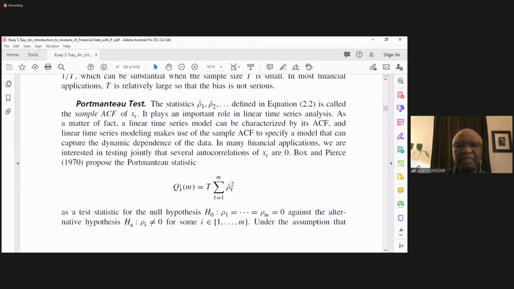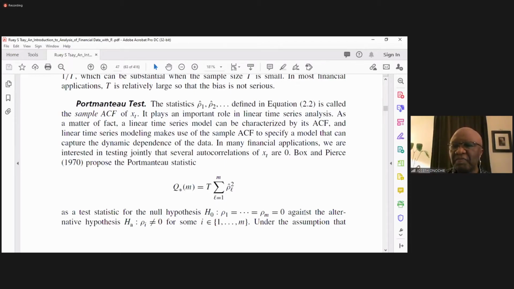He told us that if all the autocorrelations are jointly 0, this is the test statistic you use. Remember, when you do a test in statistics, you can use the T or the Z, or many types of statistics. To test this, you use this statistic, given to us by Box and Pierce.